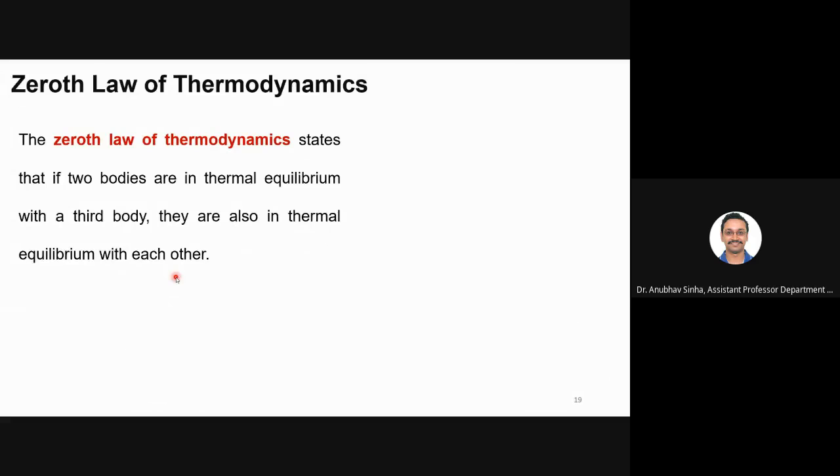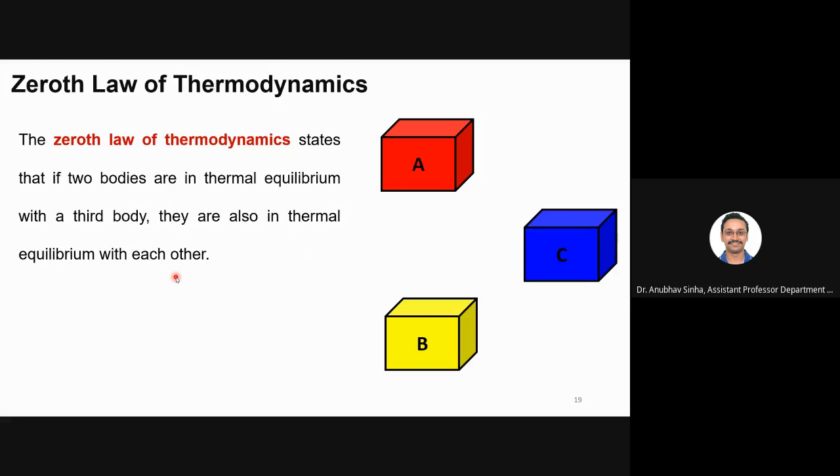Let me explain it using a diagram. Let us say we have three different bodies A, B and C. Let's say that A is in thermal equilibrium with C. Similarly, B is also in thermal equilibrium with C. If these two are true, then I can say that A is also in thermal equilibrium with B.